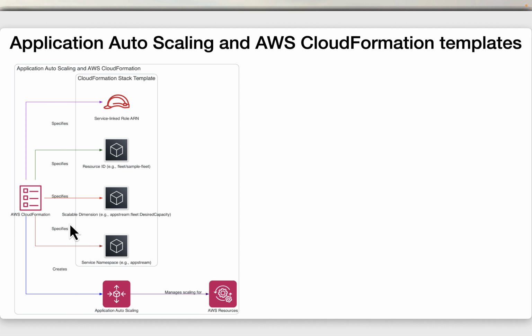So those resources which are created by CloudFormation will be created with all the application auto scaling that you have specified. So this takes care of the end-to-end life cycle of resource management. Basically you have create, you have modification and delete. So all these things are taken care of.